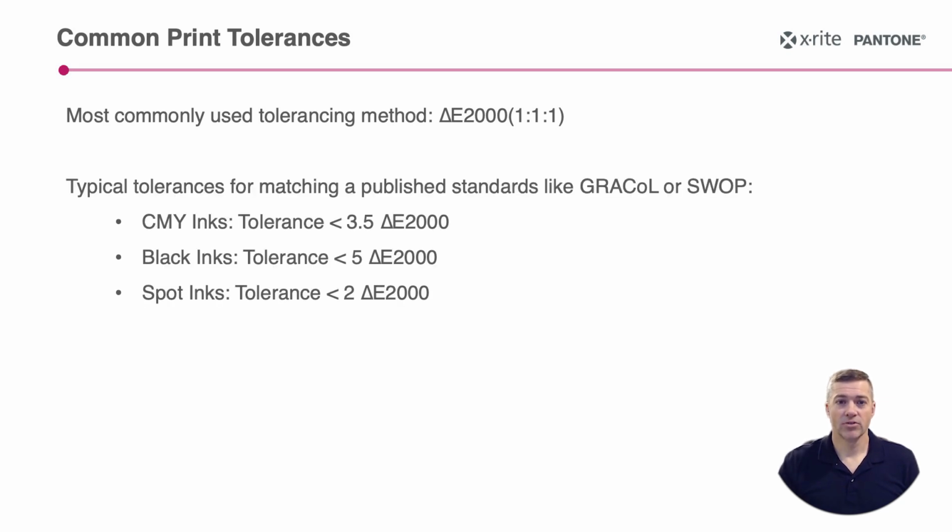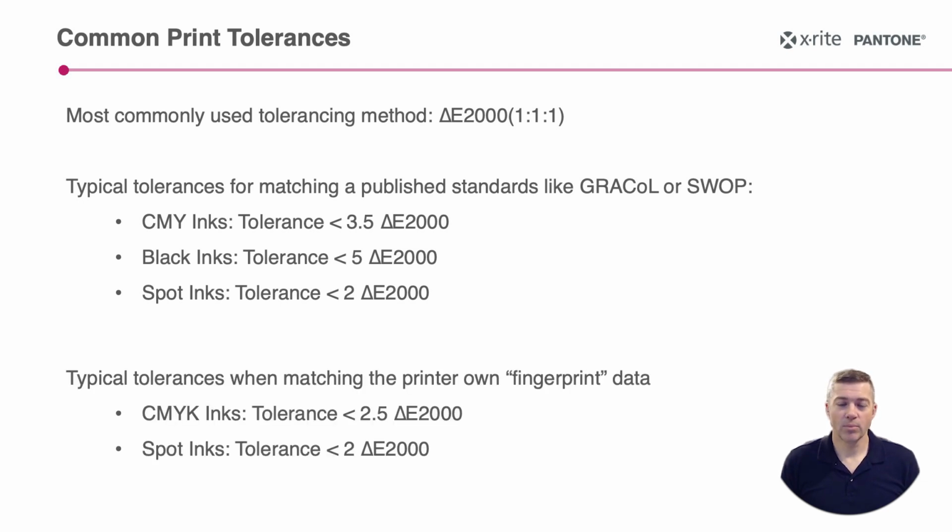When targeting an industry print standard rather than their own press fingerprint data, the tolerance for CMY inks is typically up to 3.5 delta E, black ink may be up to 5 delta E, and spot inks generally have tighter tolerances, usually under 2 delta E.